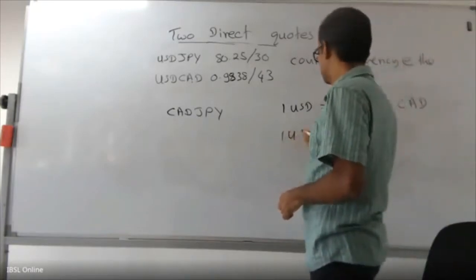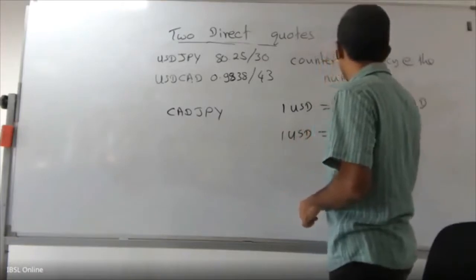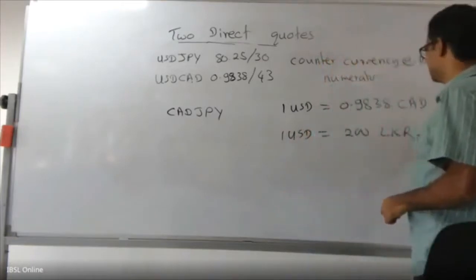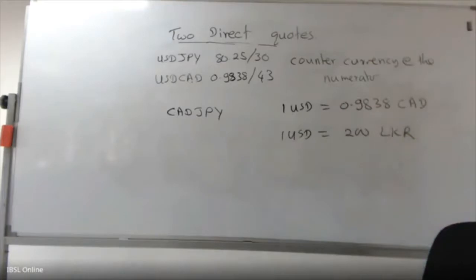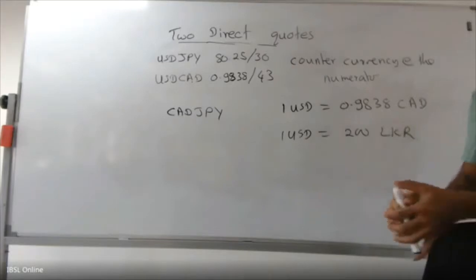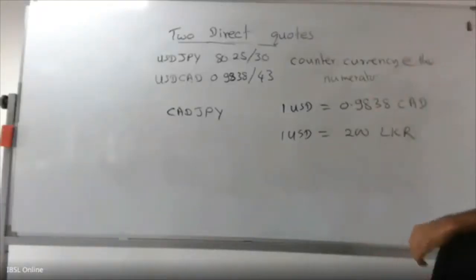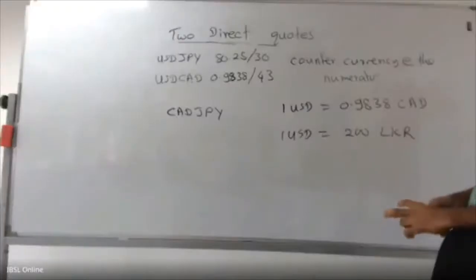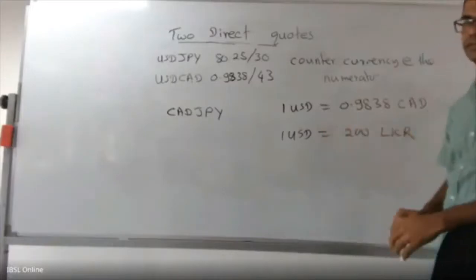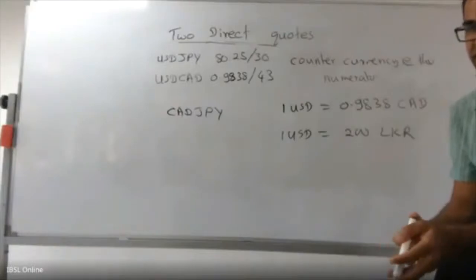Compare with your favorite. In dollar LKR, which one is stronger? USD. Why? To buy a dollar needs LKR 200. Then in this case, CAD is less than $1, so which currency is strong?